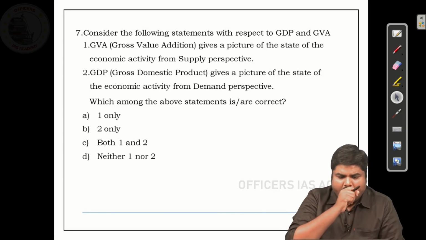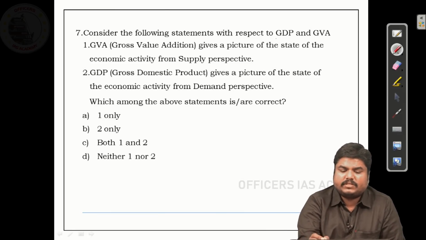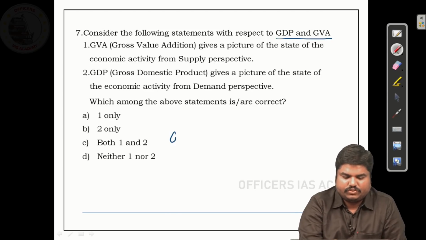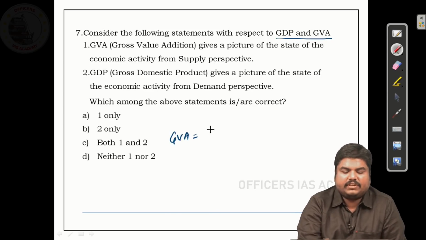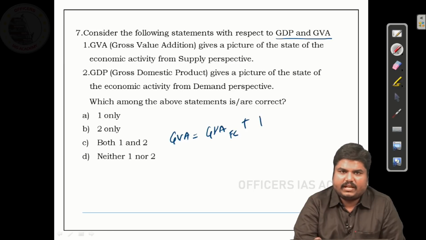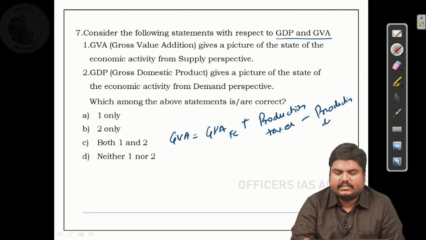Question number 7. Consider the following statements with respect to GDP and GVA. What is GVA? GVA is calculated at factor cost plus production taxes, and it excludes the production subsidies.